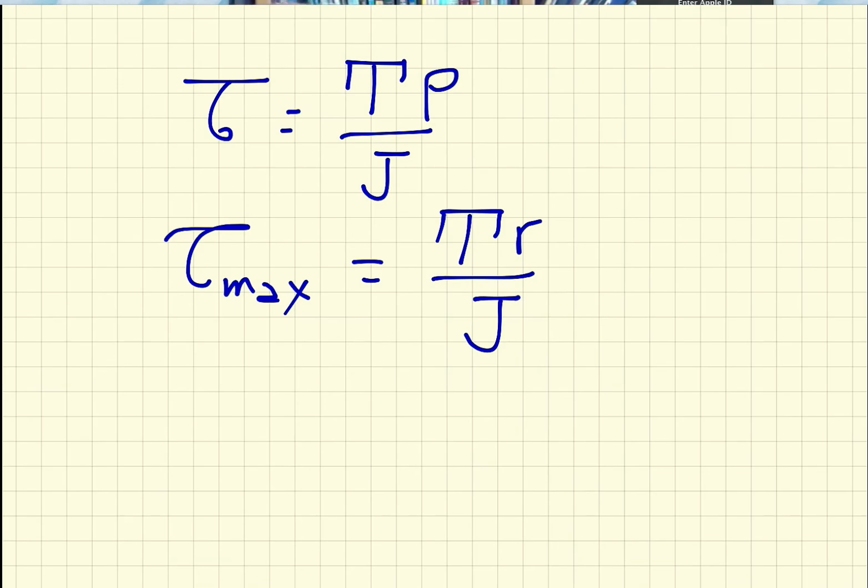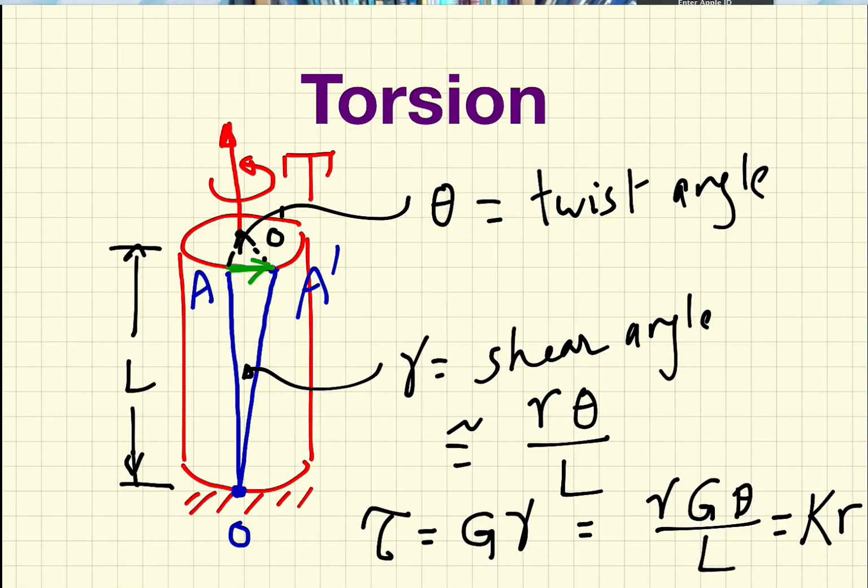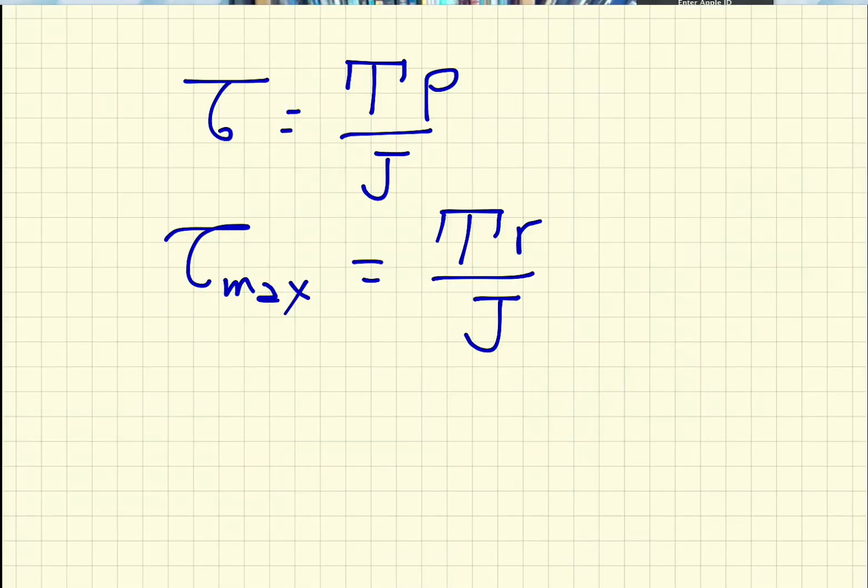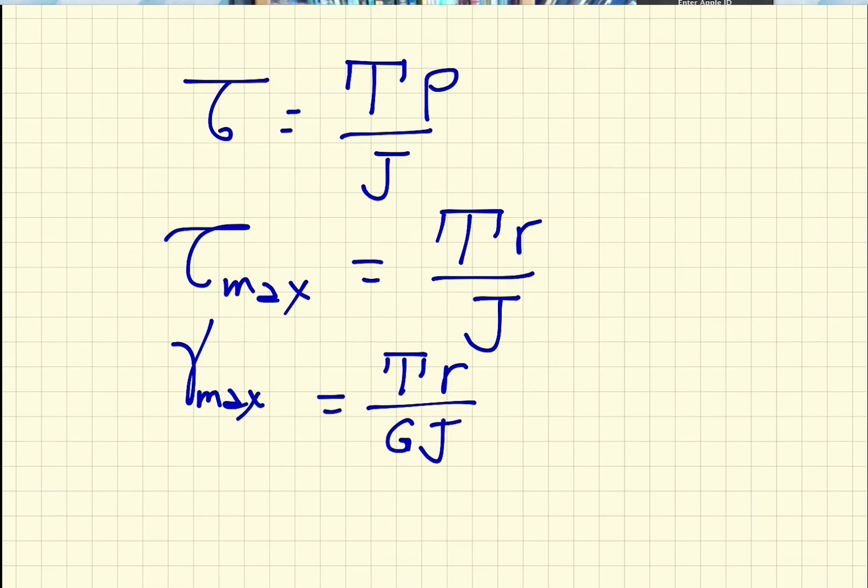And notice that I have here gamma is equal to tau over G, and gamma is related to theta as R theta over L. So I can conclude that the shear strain itself, gamma max, that corresponds to this, is tau over G, so it would be T times R over GJ, and theta, which is the angle of twist.